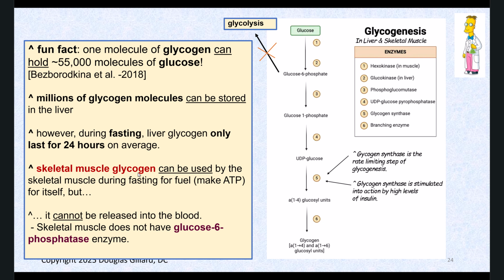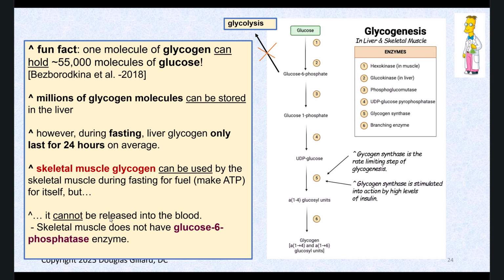Skeletal muscle glycogen can be used by skeletal muscle. In other words, skeletal muscle glycogen can be broken down into glucose, so skeletal muscle can run that and make energy through ATP during fasting or whenever. But it's selfish. It can't release it to service the brain and red blood cells and such.